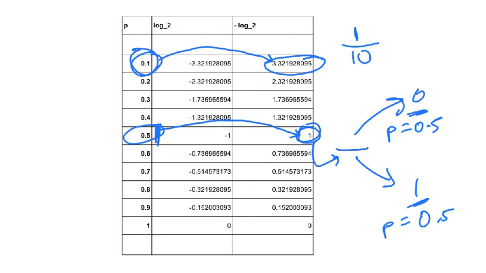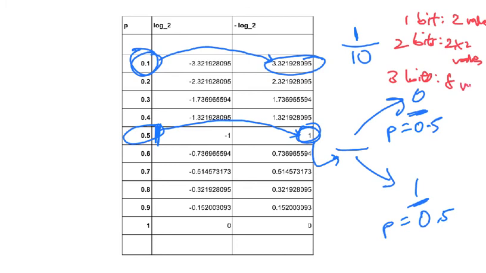We can do a bit of combinatorial calculation here. 1 bit can store 2 possible values. 2 bits will be 2 times 2 values. 3 bits, it will be 2 times 2 times 2 equals 8 values, and so on and so forth.